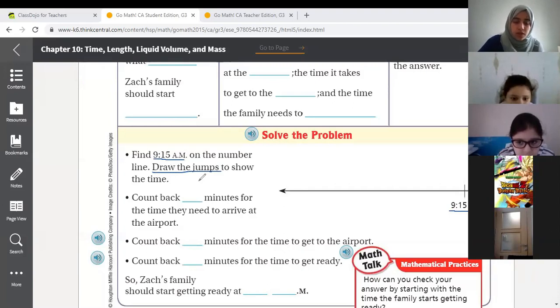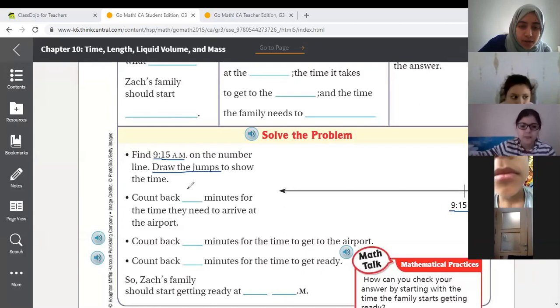So first of all, we need to count back a few minutes for the time they need to arrive at the airport. So they need to arrive 60 minutes to be in the airport. So first thing we're going to do is count back by 10.